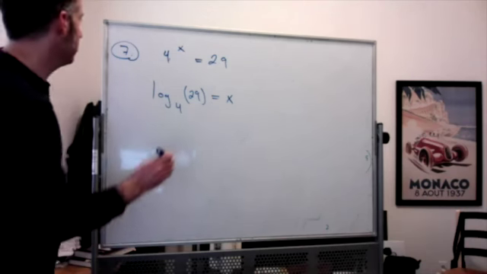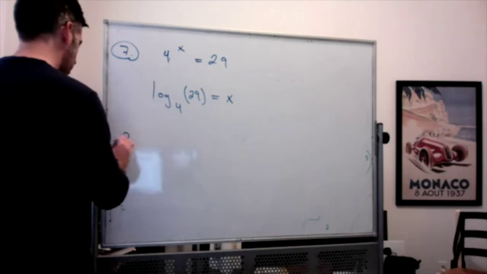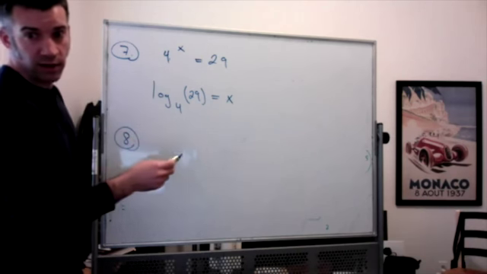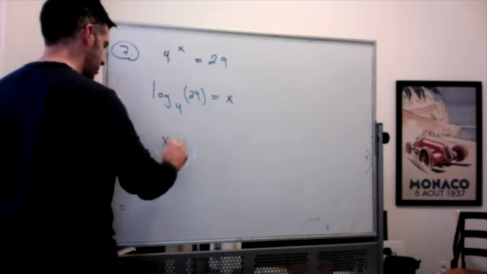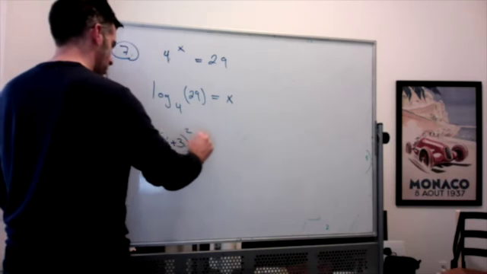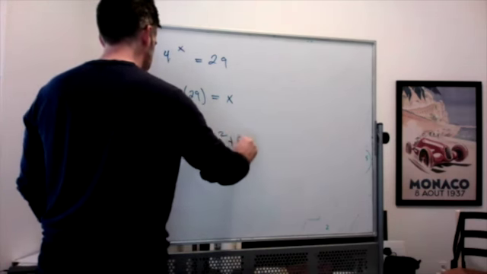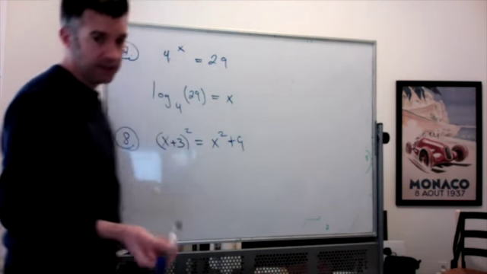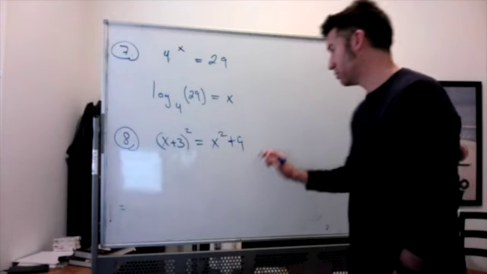And the last one on this page, true or false, x plus 3 squared equals x squared plus 9. And that is false.